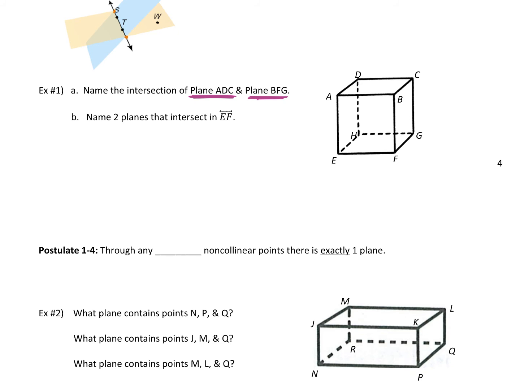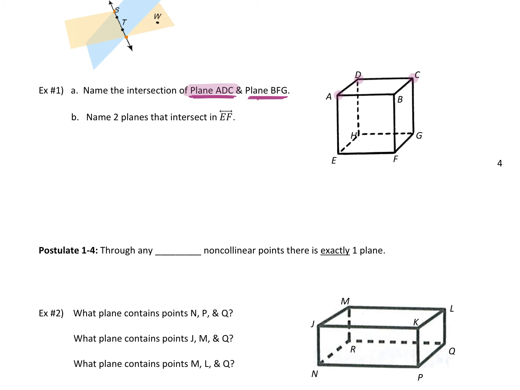All right, what do we think? BC? Anyone get something else? BC. Okay, here's how it goes. Oh, I should have paused. That's okay. Plane ADC. Here's A, here's D, here's C. What plane in this cube is that? Front, back, left, right, top, bottom?